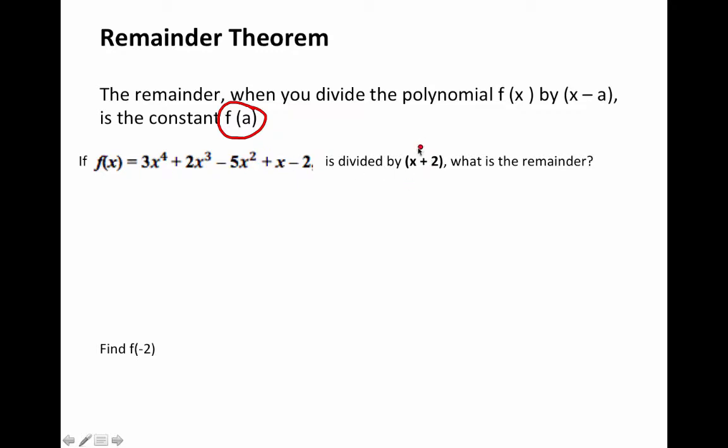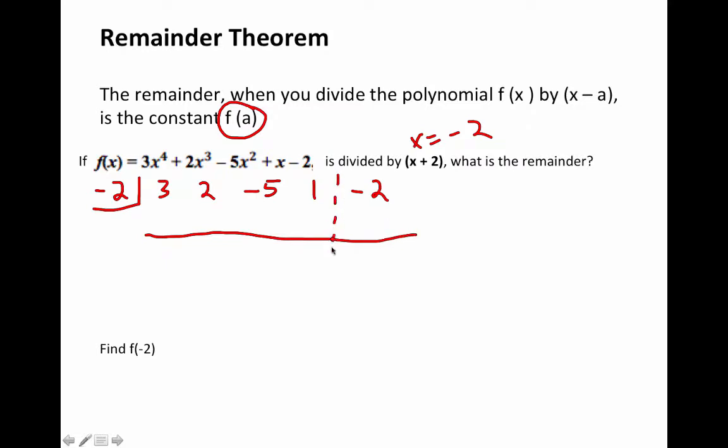So remember, this means I'm going to put x equals -2 in the box, and I'm going to put -2 in here, and then to the fourth, to the third, to the second, to the first, constant, leave a space, and then this remainder right here will actually be the same thing as f of -2.